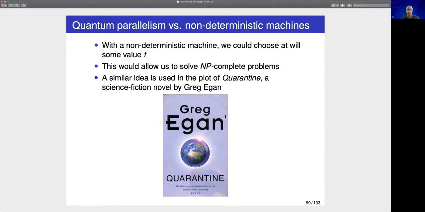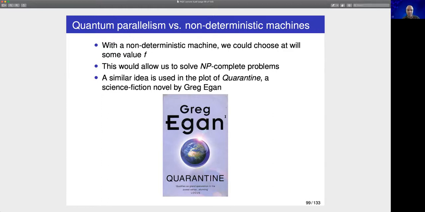And in fact, if you like science fiction, this is something that is used by one of my favorite science fiction writers, the Australian Greg Egan, in this novel, Quarantine, nothing to do with the current lockdowns and quarantines that we are experiencing. This is back from, I guess, 1992 or something like that.